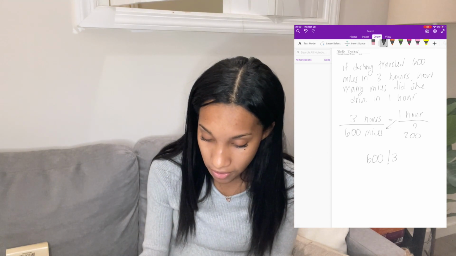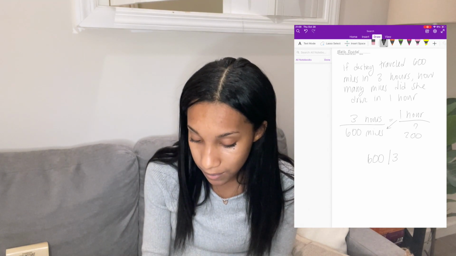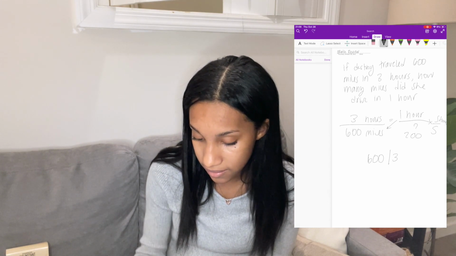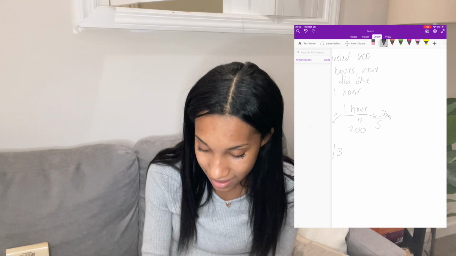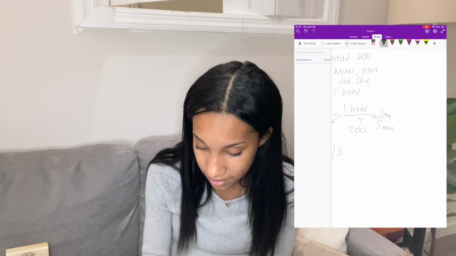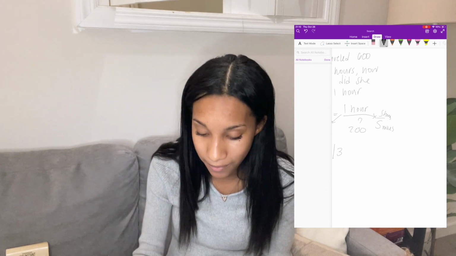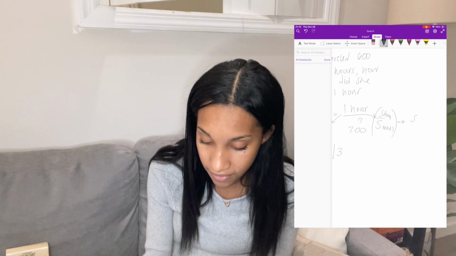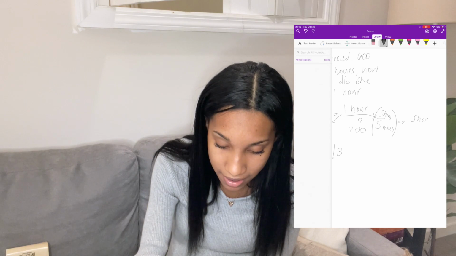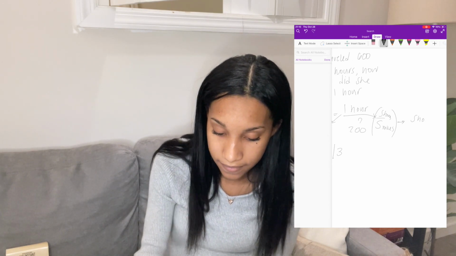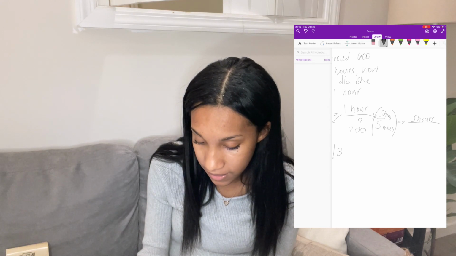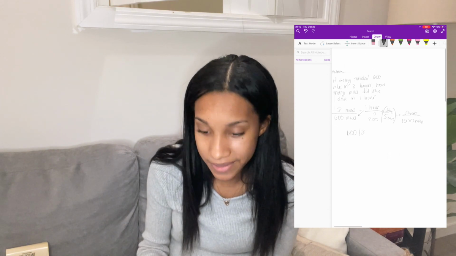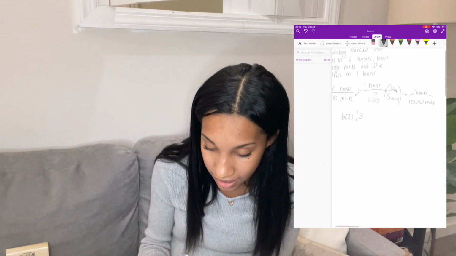Since we know that she's driving 200 miles in 1 hour, we can multiply that by 5 hours, and then 5 times 200 miles, because you basically multiply it by 1 just to find a new number. So 5 hours would be 1,000 miles.